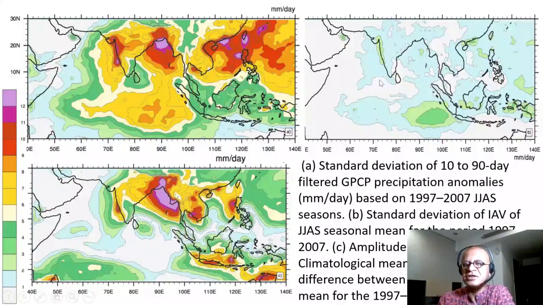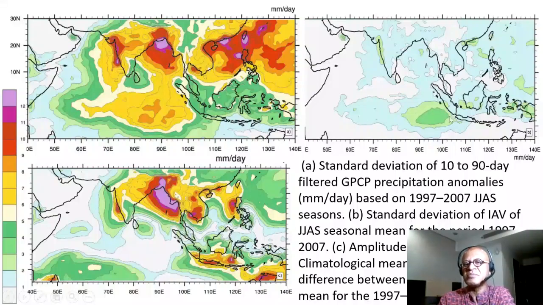And here is the same thing for interannual variability of the June, July, August seasonal mean for the period of 1997 to 2007. And this is the amplitude of the annual cycle computed as JJAS mean minus December, January, February mean for the same time period. So what you see here is that the intraseasonal variability, standard deviation, is similar to this annual cycle, and in fact is much larger than the interannual variability.